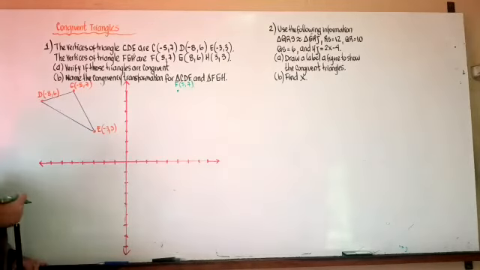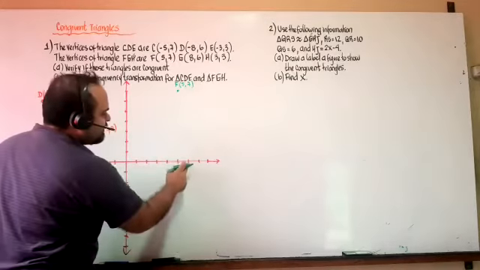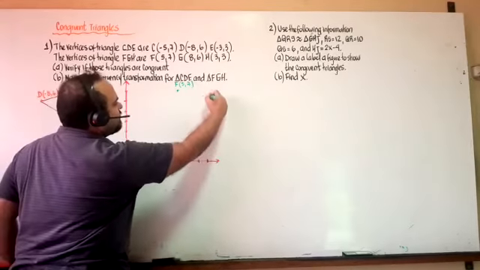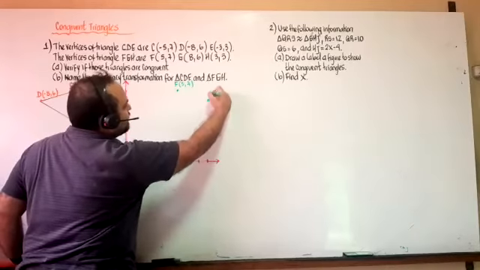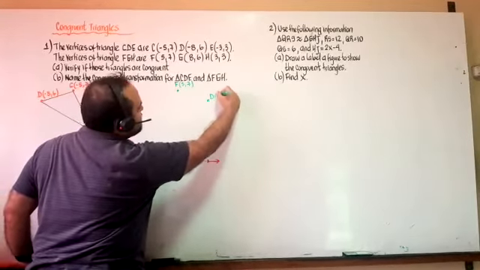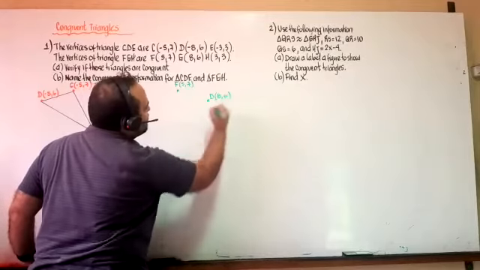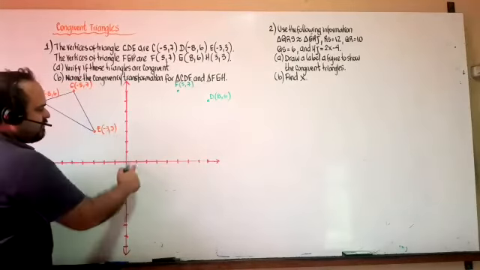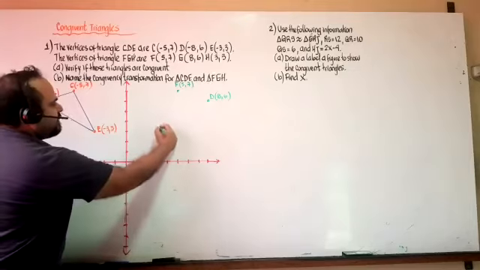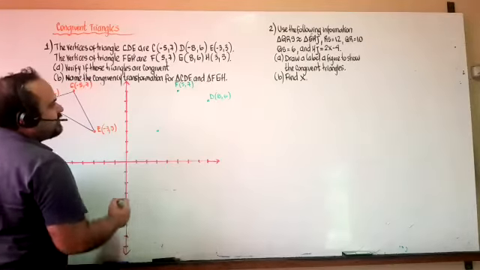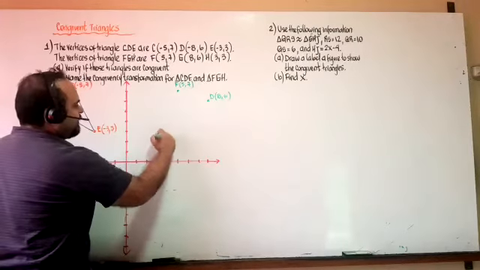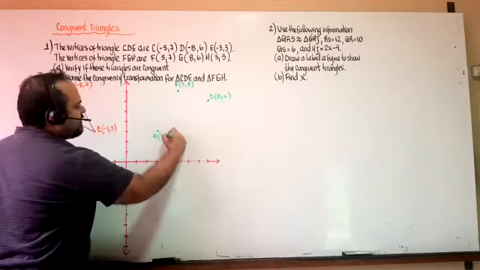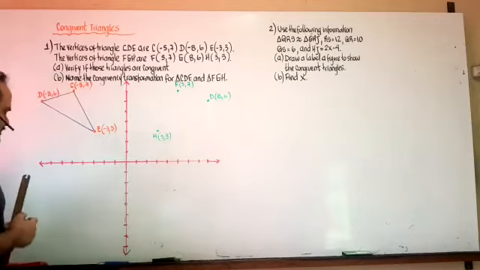The other one, 8 with 6, which is the vertex G. And finally, 3 with 3, 1, 2, 3. Okay, this is going to be the vertex H, given by 3 comma 3 units.